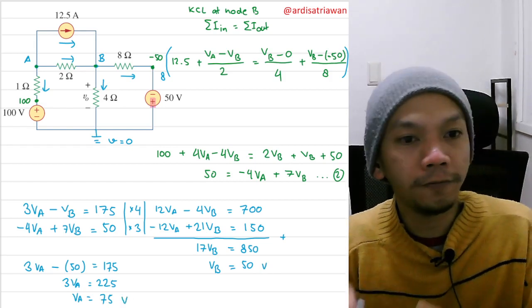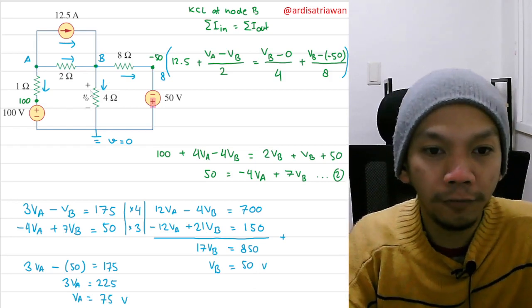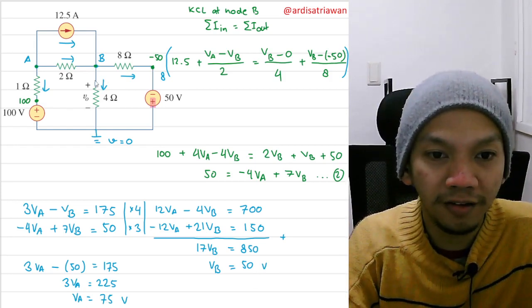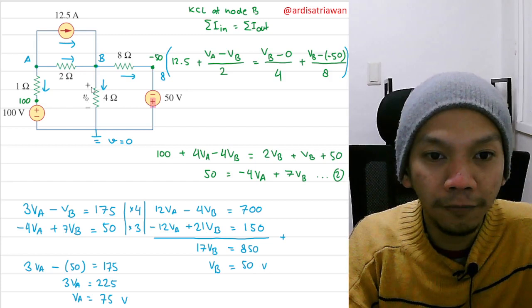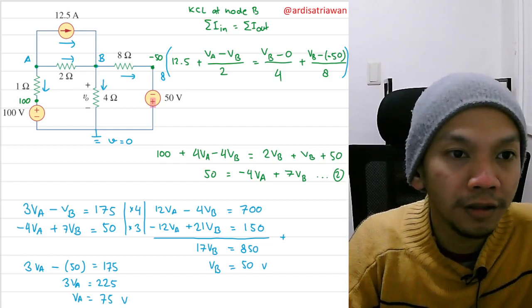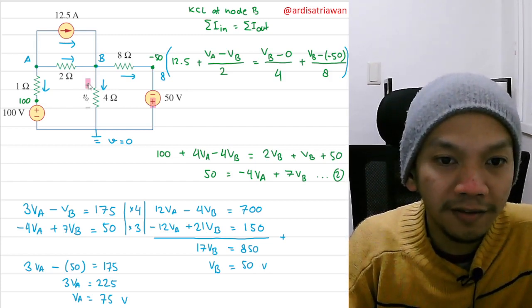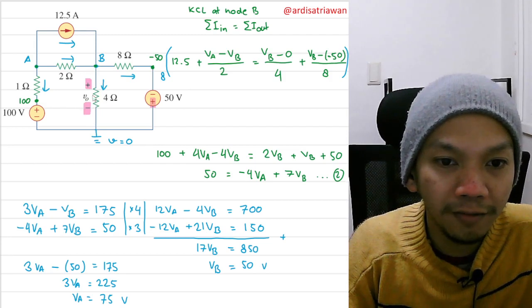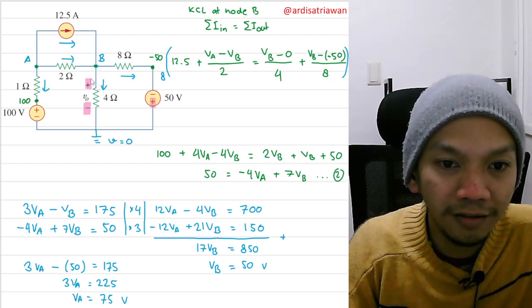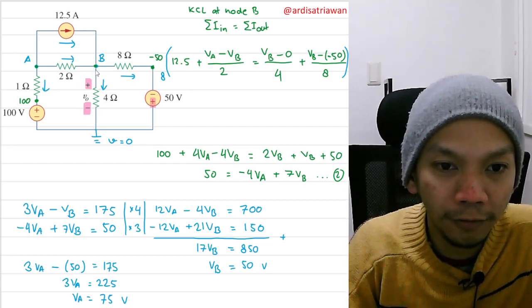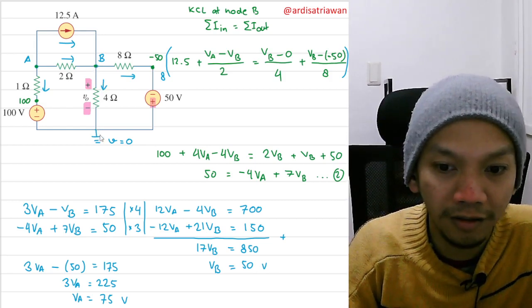Okay, if the question is asking about V0, and V0 is just the voltage between these nodes, so this plus and minus signs will be the difference of voltage between this node and this node.